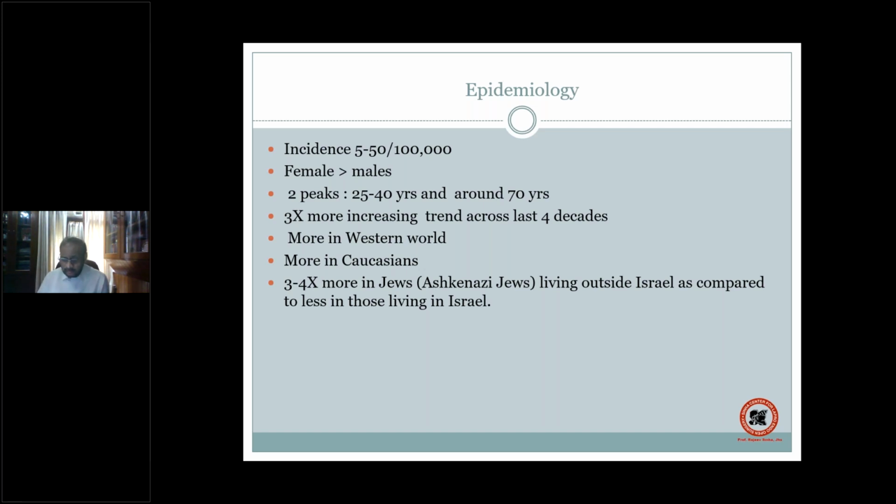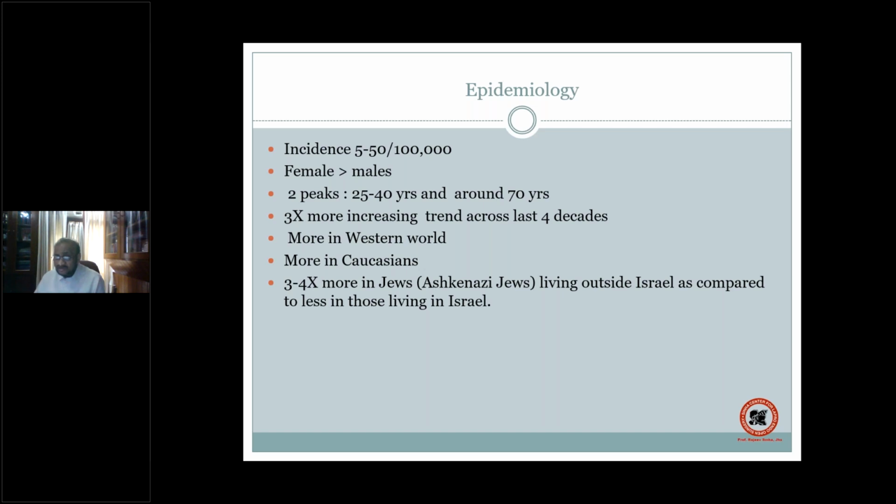The reasons could be two. Number one, it could be an actual increase, or it could be that you are basically identifying more of these patients, so the diagnostic capability has improved. That could be a reason, or there could be an actual increase. It is more in the Western world, more in Caucasians, and 3 to 4 times more in Jews, especially Ashkenazi Jews.